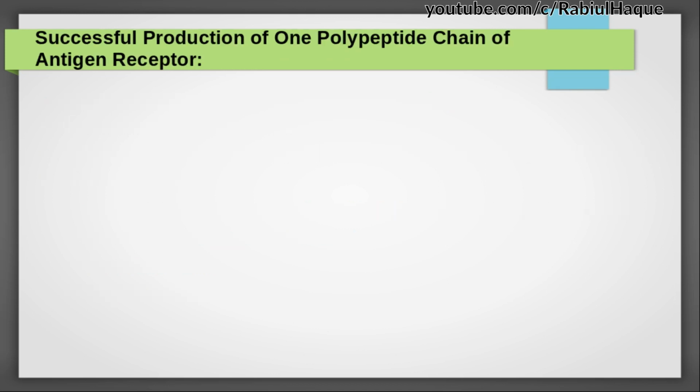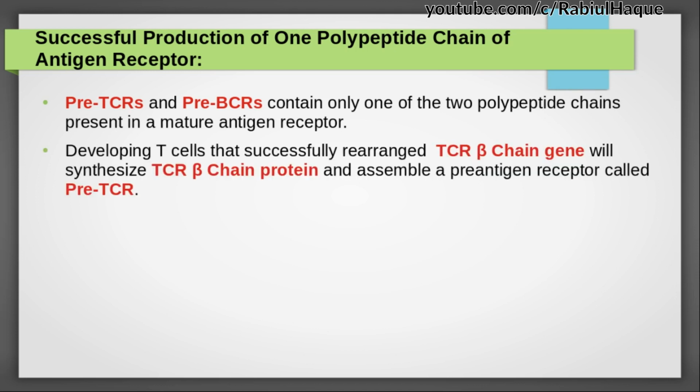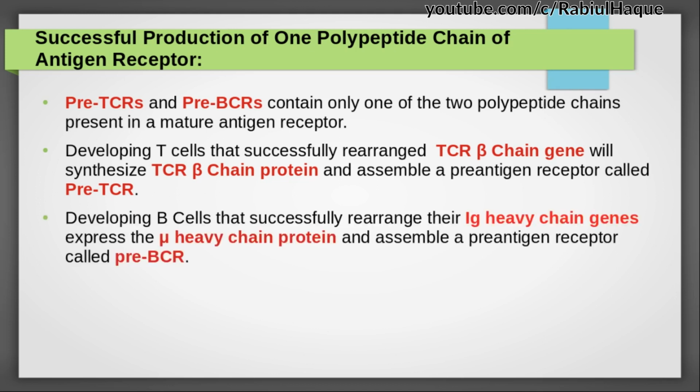So first, let's talk about successful production of one polypeptide chain of the two-chain antigen receptor. Now, pre-T cell receptors and pre-B cell receptors contain only one of the two polypeptide chains that are present in a mature antigen receptor. Developing T cells that successfully rearrange the T cell receptor beta chain gene will synthesize T cell receptor beta chain protein and assemble a pre-antigen receptor that is called pre-TCR.